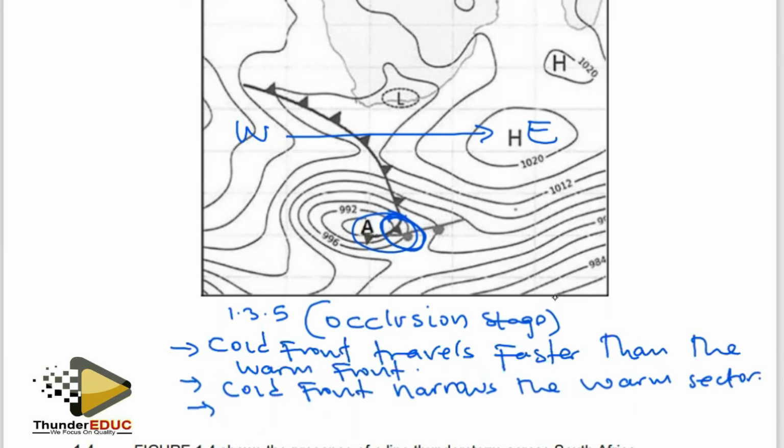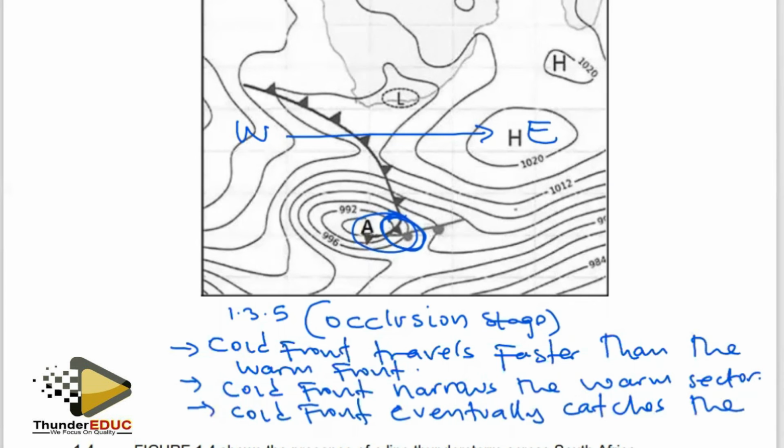Eventually, the cold front eventually catches up with the warm front. So what does that mean?